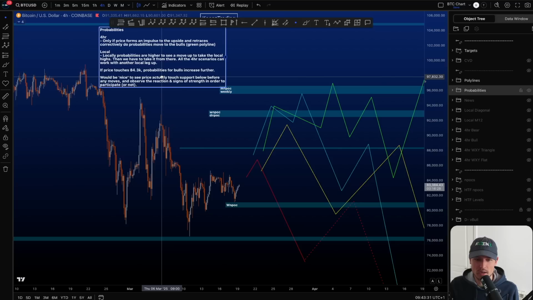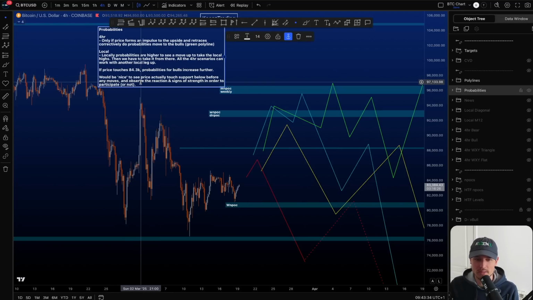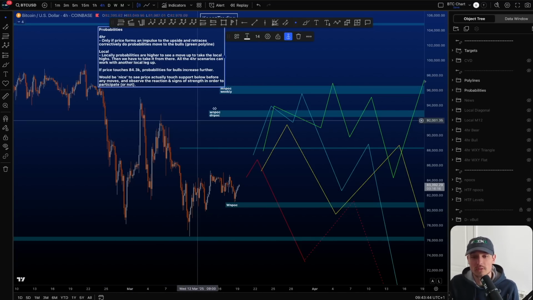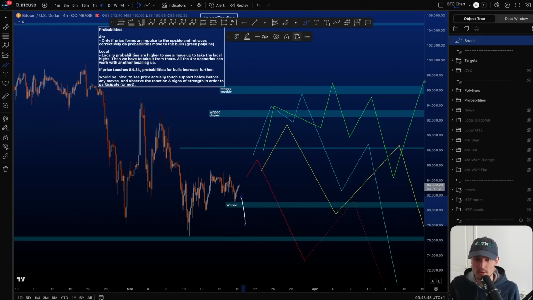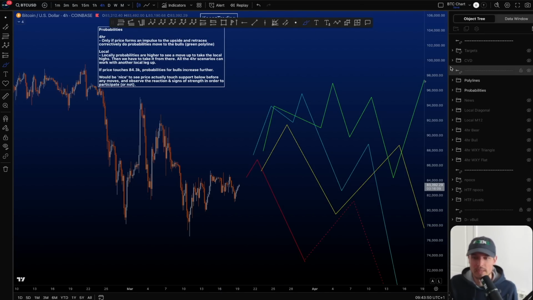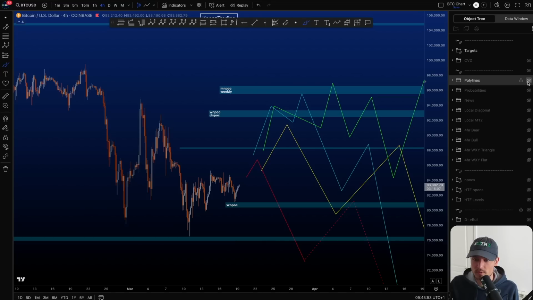So that is why I write over here. It would be nice to see price actually touch support below before any significant moves, and then observe the reaction and look for signs of strength in order to participate, or not if we do not see signs of strength and we just basically dump through support. It can happen. That's why we wait for signs of strength.